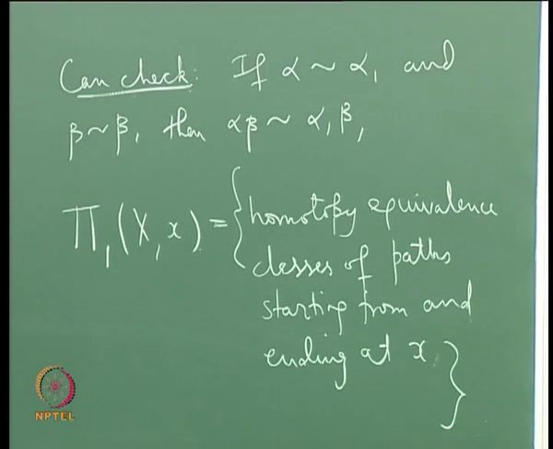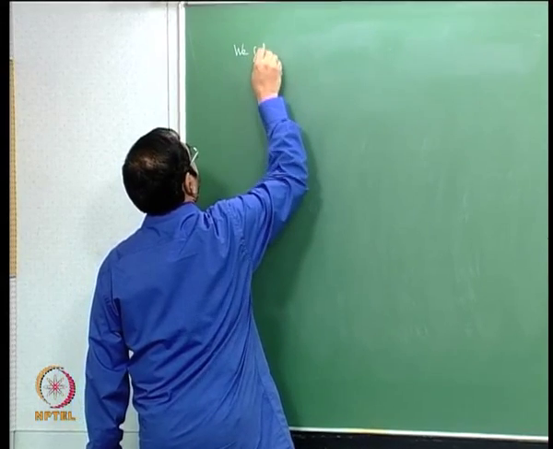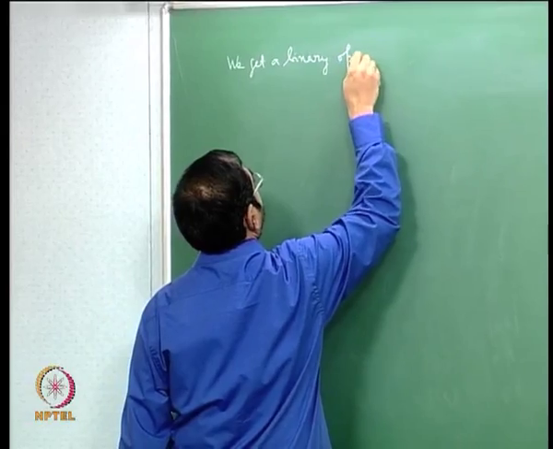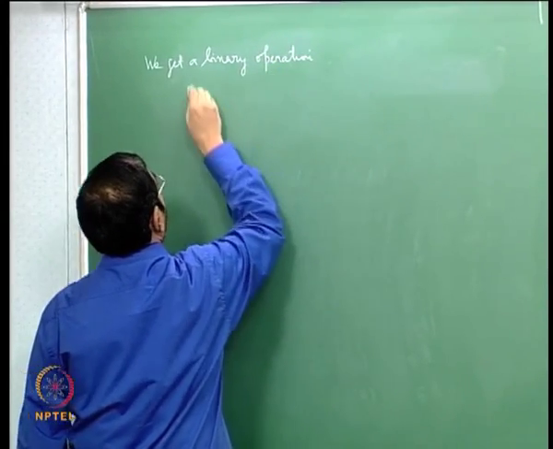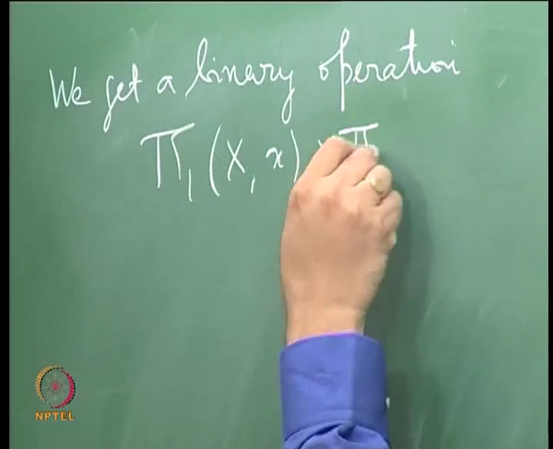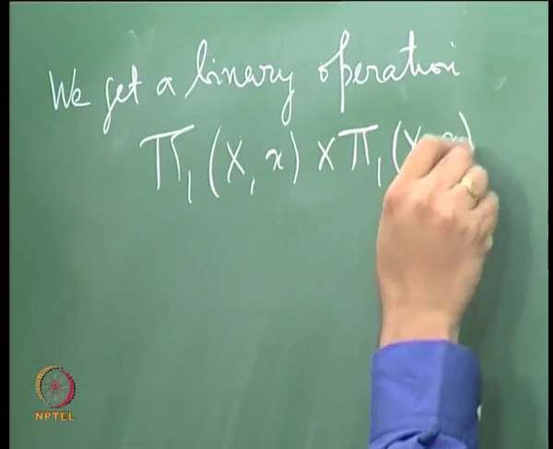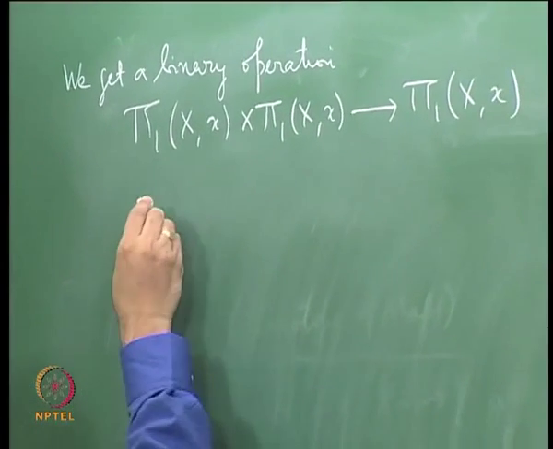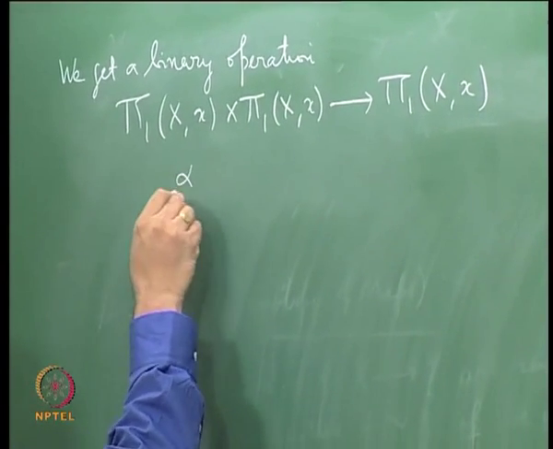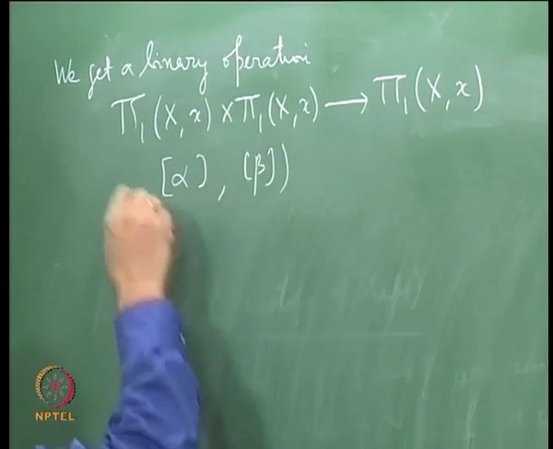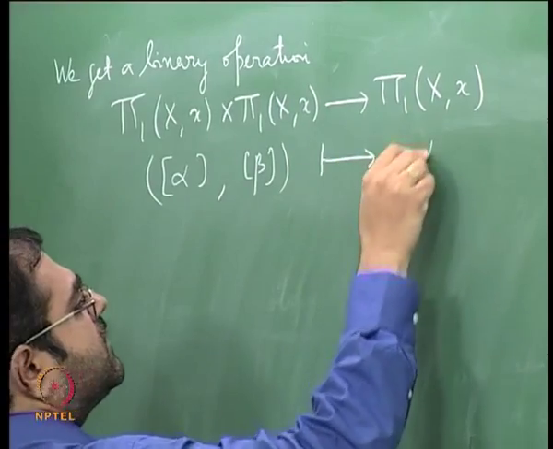So we get a binary operation pi 1 of X comma x cross pi 1 of X comma x to pi 1 of X comma x, which is the equivalence class of alpha comma the equivalence class of beta going to the equivalence class of alpha beta.